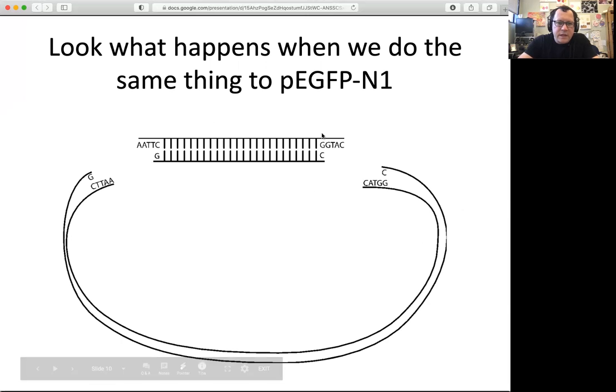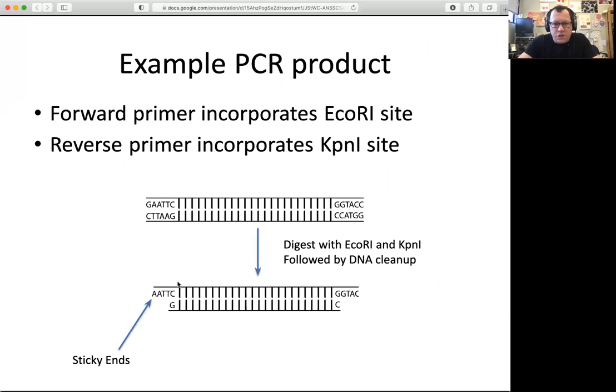Okay, so for this week, you're just going to be PCRing up your gene of interest, and again, it'll be whatever gene you amplified last week. You're going to wind up cloning this ultimately, but we're going to start just by PCRing up our gene of interest. These are different primers than the primers you used last week.